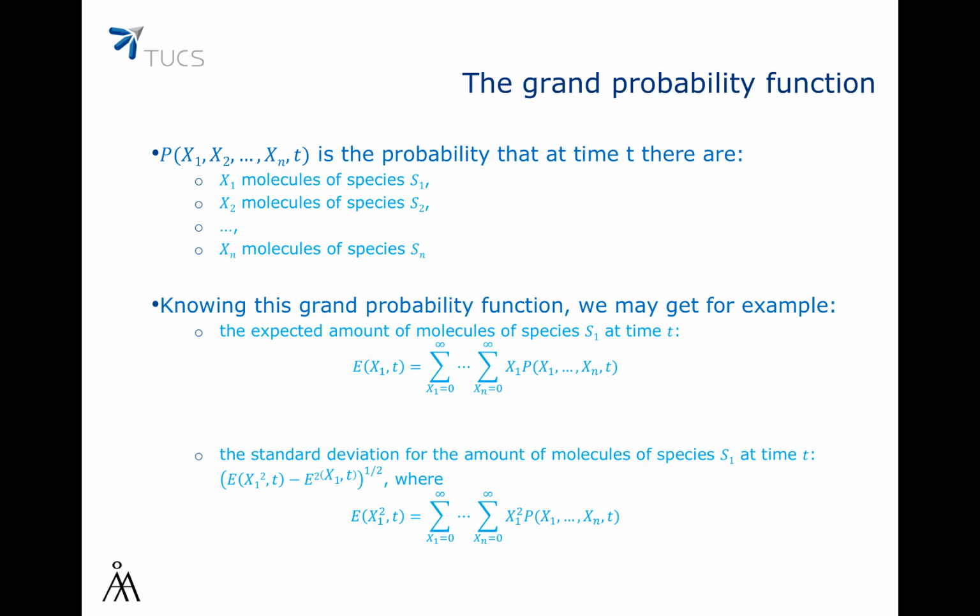It's a big deal to know the grand probability function because through it we may get a lot of useful information, such as the expected amount of molecules of species S1 at time t, or the standard deviation for the amount of molecules of species S1 at time t. In the next video, we will discuss how to calculate or describe the grand probability function.